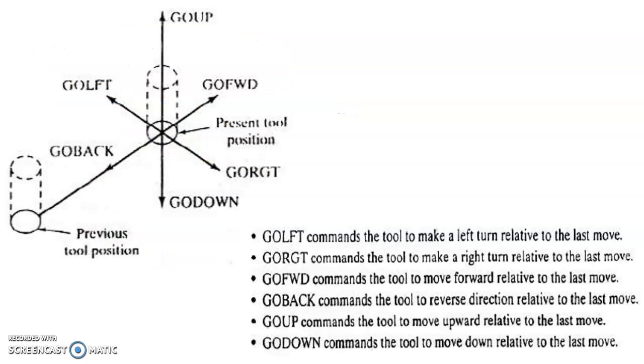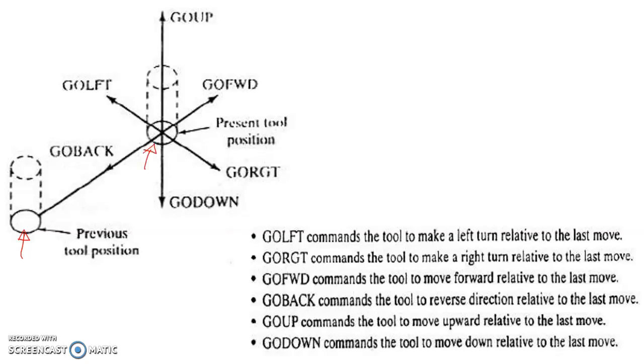In contouring motion movements in APT, we use a number of APT vocabulary words to denote the direction. This picture shows how we arrive at those APT vocabulary words. The dotted lines show the previous tool position, and this one is the current tool position.